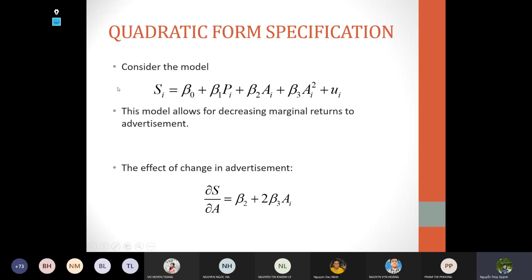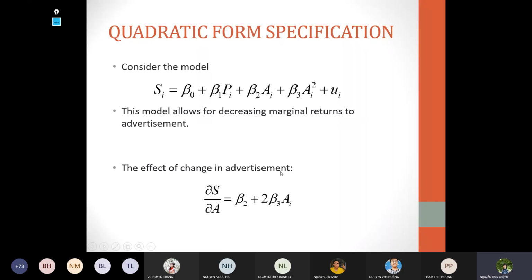So here we have sale as the revenues equal to beta 0 plus beta 1 times P_i plus beta 2 times A_i plus beta 3 times A_i squared plus u_i. Let's see what the marginal effect of advertising on sale is for this model.